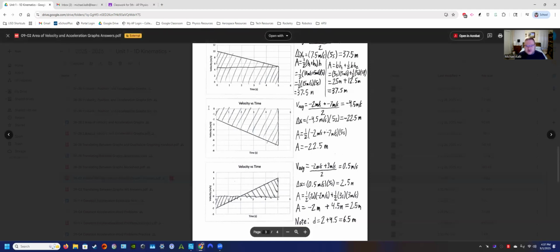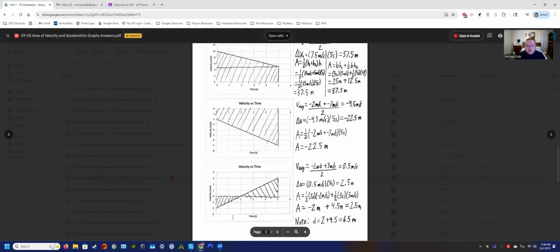And then that times the 5 seconds gives us -22.5 meters. We could also find its displacement with the area of this trapezoid. 1/2 base 1 is -2, base 2 is -7, times the height, the perpendicular one to the bases, 5, gives us -22.5.